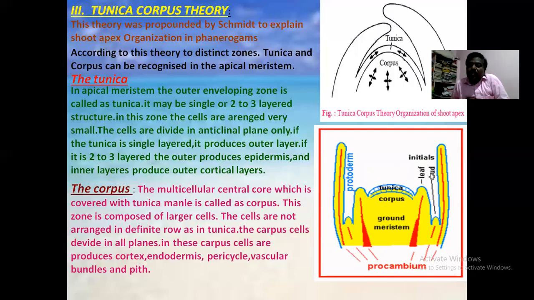Initial leaf, initial bud. These are parts of the plant body growing from the embryo.